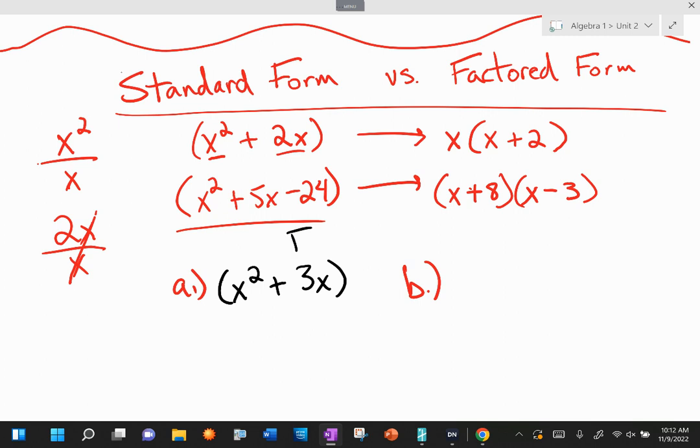You are factoring these. They're in standard form, and you're going to put them in factored form. So you've got x squared plus 3x. Let's say we also have 4x squared minus 2x.